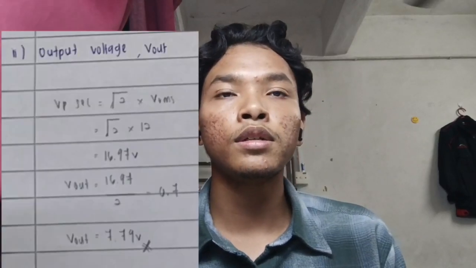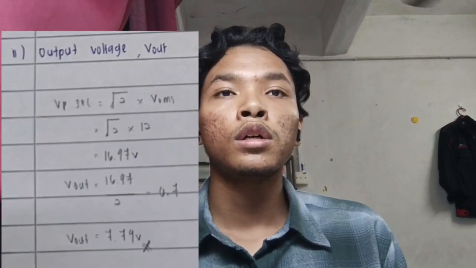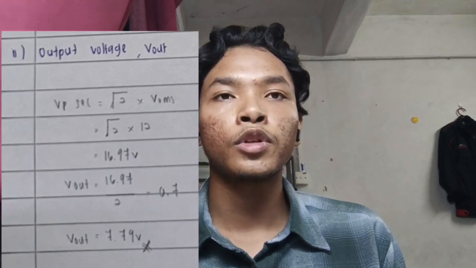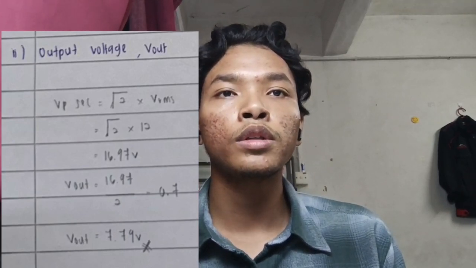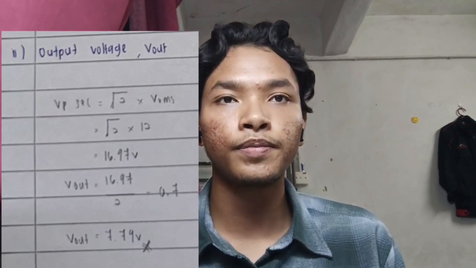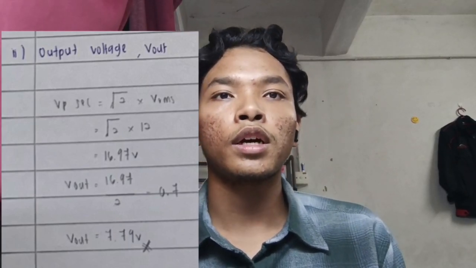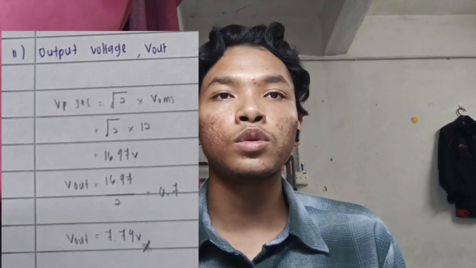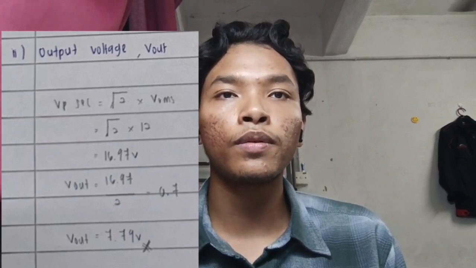So the last answer to question number 2 is the output voltage, Vout. Okay, the calculation is Vp equals square root 2 times VRMS. So this is the formula. So the calculation is square root 2 times 12.